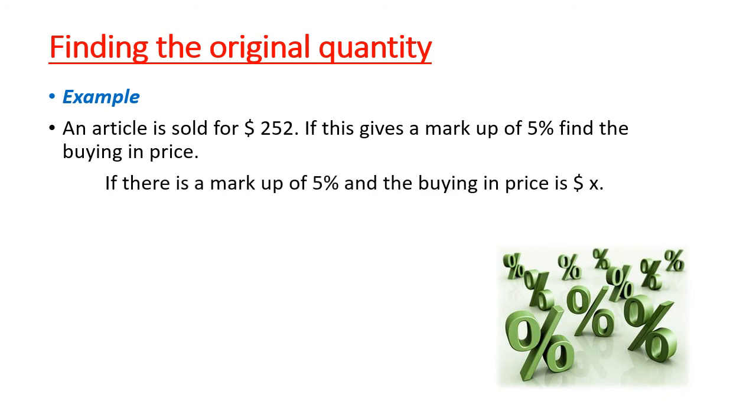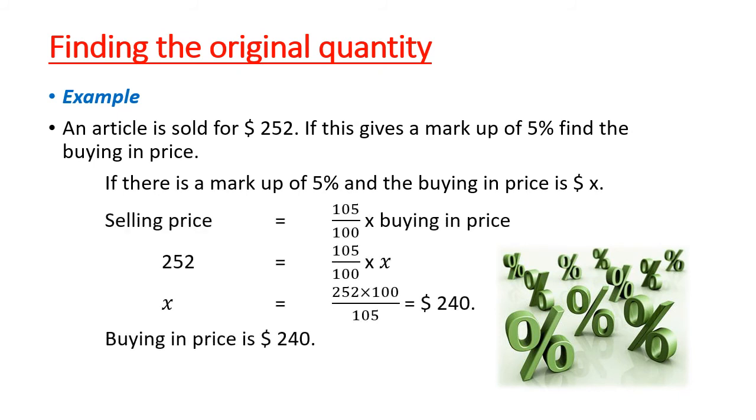If there is a markup of 5% and the buy-in price is X dollars, you can take it like this. You have to find the buy-in price, so you can take it as X, markup percentage 5. Now you can see what is the equation you have to use here. Selling price equals, here markup, we know it's an increase. So 5% we want to add to 100, 105%. You can write it as a fraction, 105 divided by 100, multiplied by the buy-in price.